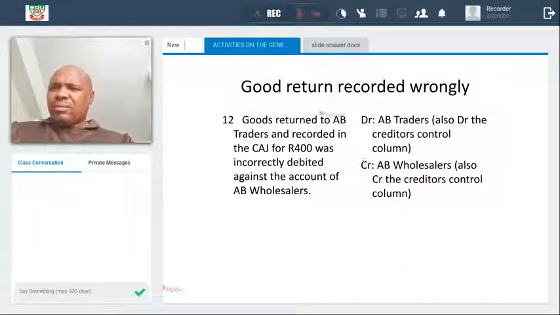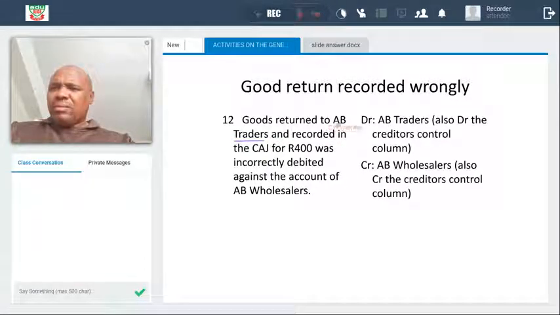Okay. Transaction number 12, goods return recorded wrongly. Goods return, we are the one returning. Goods returned to AB traders. And recorded in the creditors allowances journal, return to AB.